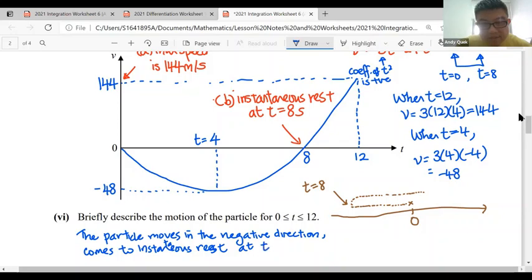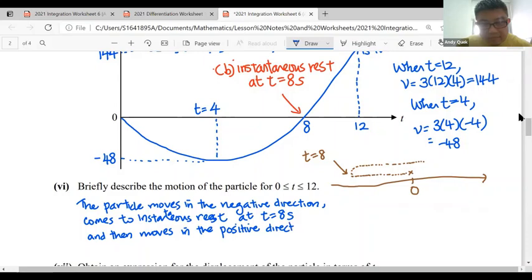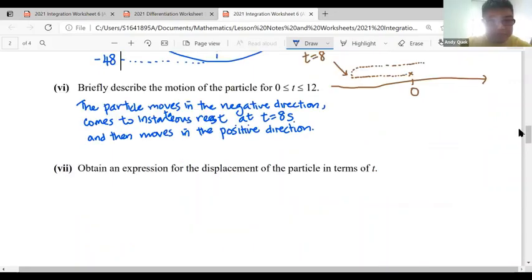Instantaneous rest at t equals to 8 seconds. And then moves in the positive direction. So displacement is the integral of velocity.